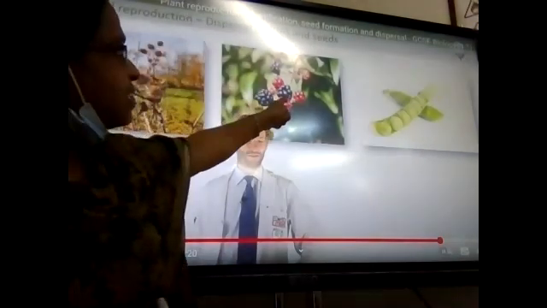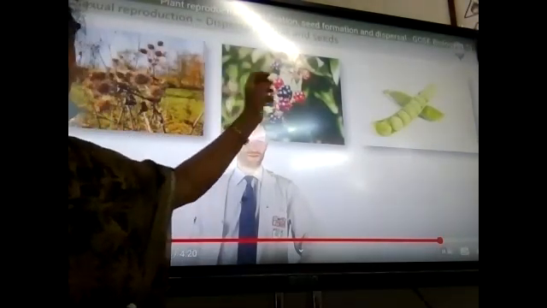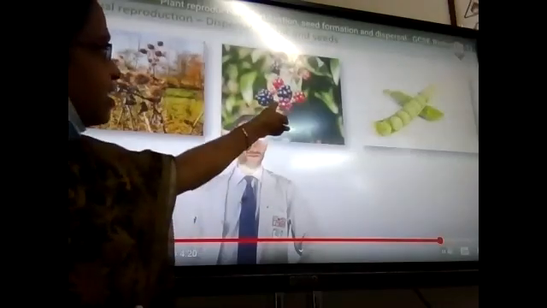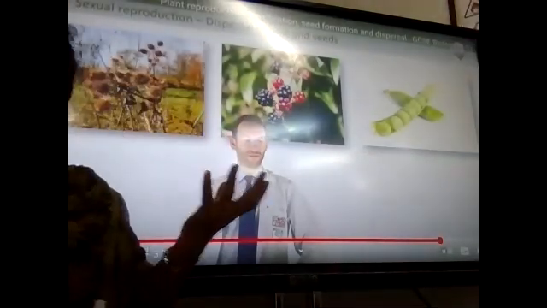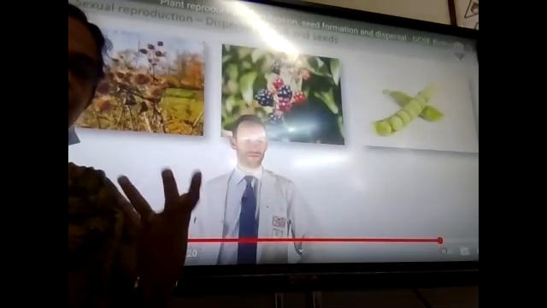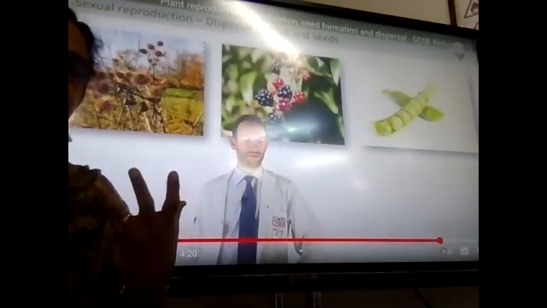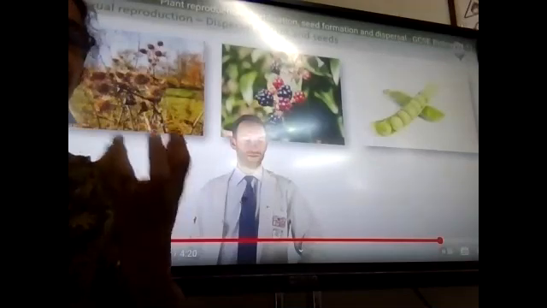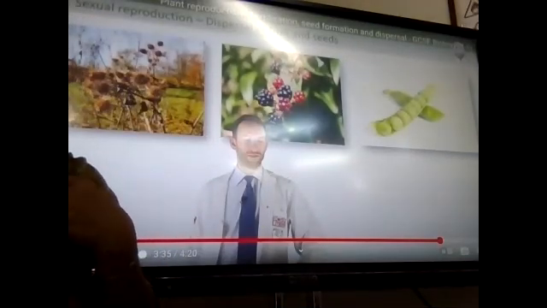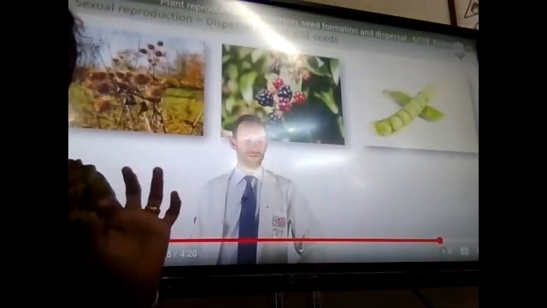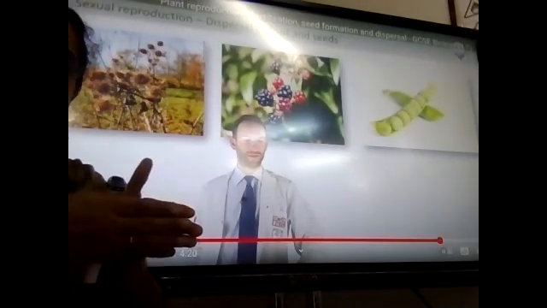Okay. Another one is this one. You can see the fruit. It is very juicy. So animals and birds, they will eat it. And you know that when they eat this, the seeds are also getting into the body. And the seed will never get digested because of the shell.